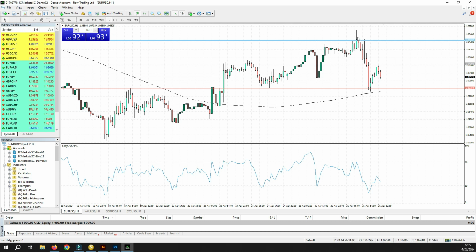So right now, how can we benefit from this day? The price went up, we don't have any extra information here, it goes down, and when the price reached this previous day low, we also had the moving average 200.